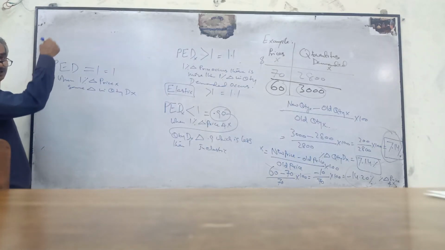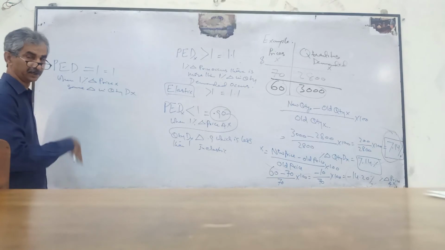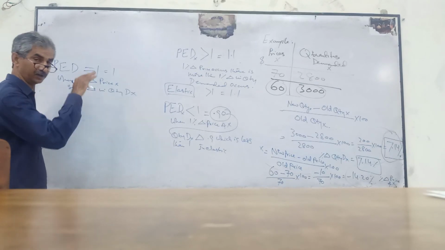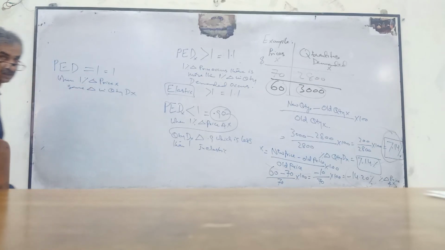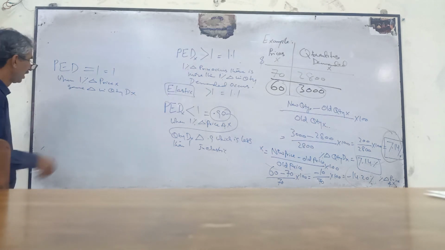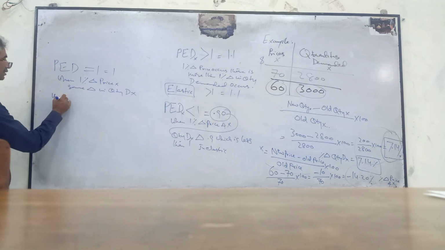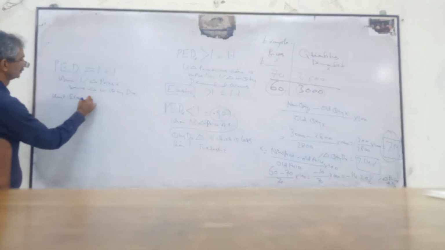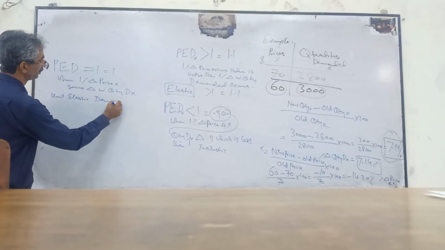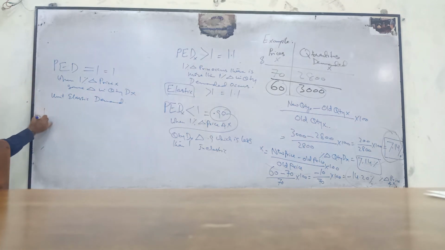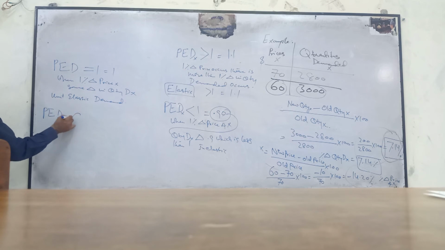Price increases by 1%, then quantity demanded decreases by 1%. When price falls by 1%, the quantity demanded rises by 1%. So this is called unit elastic demand.